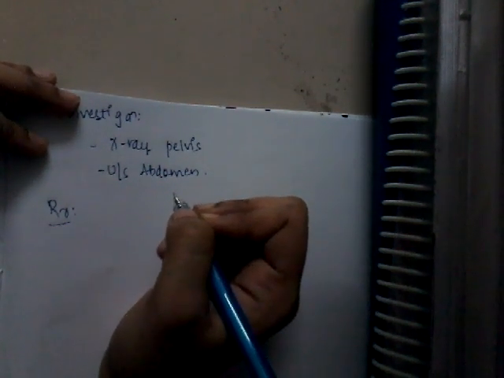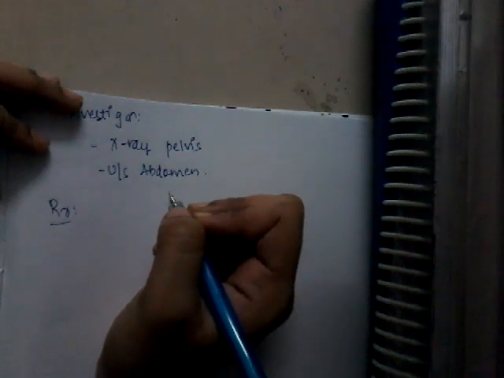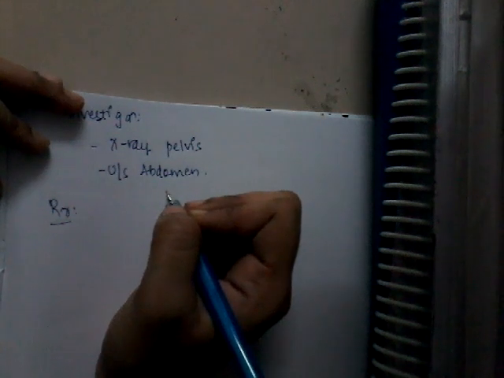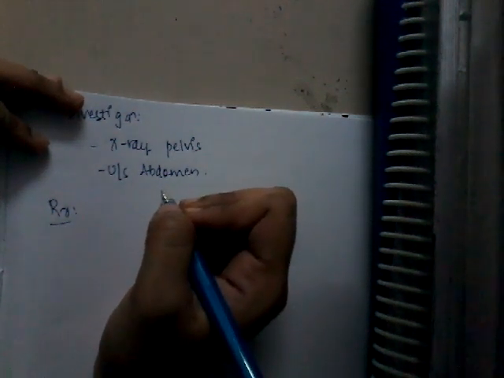So here the main worry is, if we catheterize the urethra, this might result in conversion of partial tear into complete tear. Right?